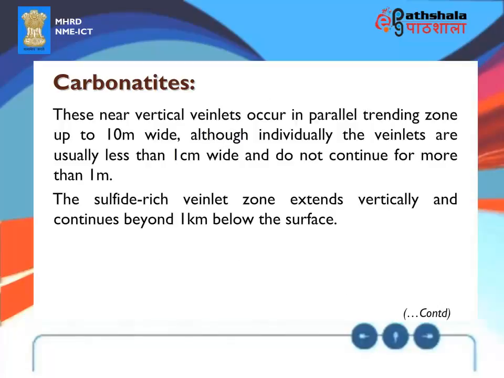These near-vertical veinlets occur in parallel trending zones up to 10 meters wide, although individually the veinlets are usually less than 1 centimeter wide and do not continue for more than 1 meter. The sulfide-rich veinlet zone extends vertically and continuously beyond 1 kilometer below the surface.